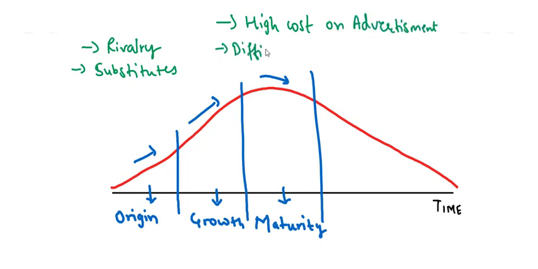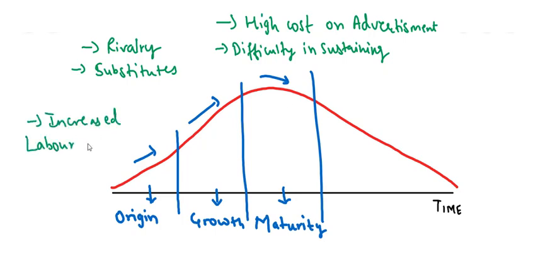However, it becomes difficult to sustain the competition most of the time. In this stage, the company notices high costs such as high labor costs, high costs on advertisements, etc. This finally pushes the product into the decline stage.